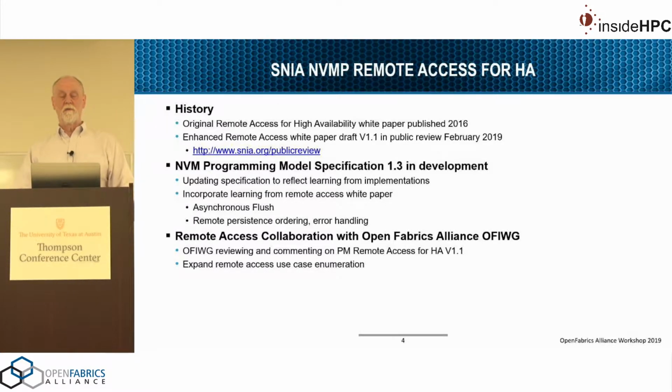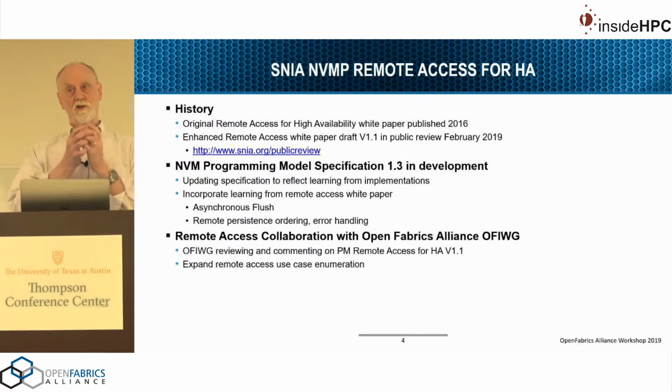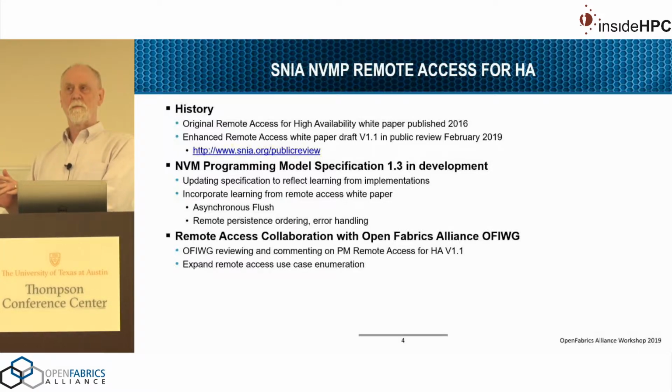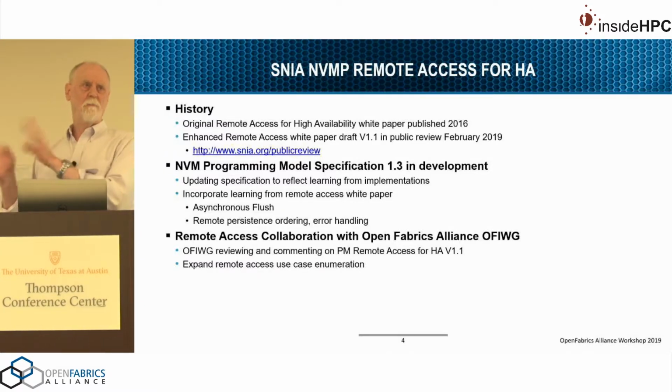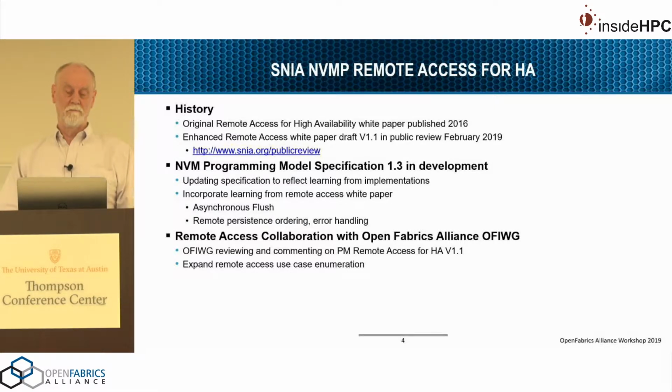So in parallel with the remote access for HA, we are updating the NVM programming model to 1.3. You might actually see these two documents merge, although there is a bunch of stuff in the remote access for HA that's not about programming models. It's about recovery scenarios and applications and things like that that are probably best kept in a separate document. But you're going to see all this stuff appear in NVMP 1.3, I believe.